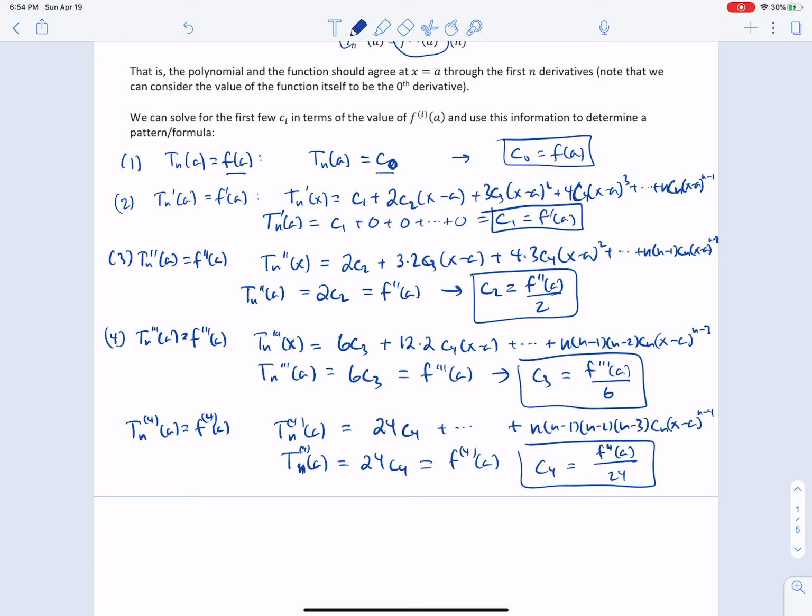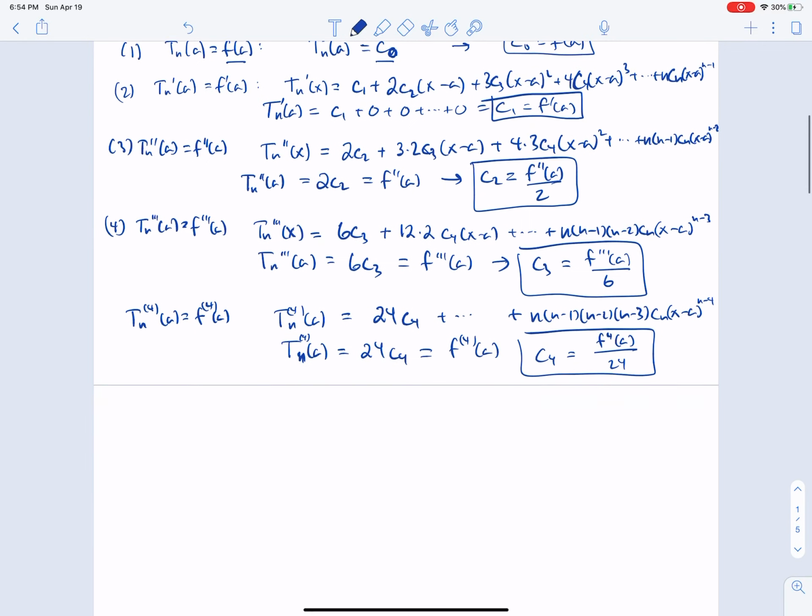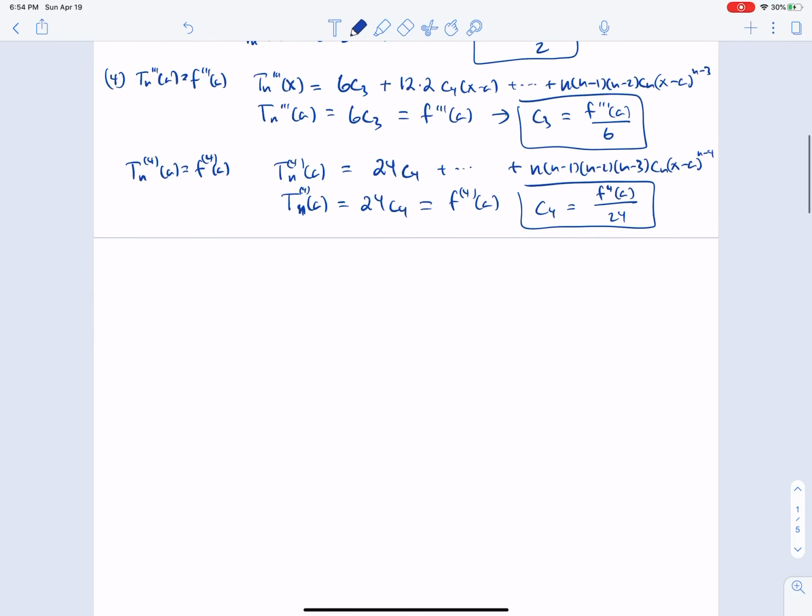So let's just assemble these and see if we can begin to figure out what the pattern is. So again, C0 is f of A, C1 is f prime of A, C2 is f double prime of A over 2. C3 is f triple prime of A over 6.